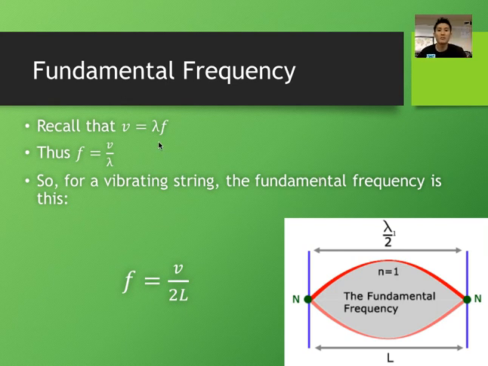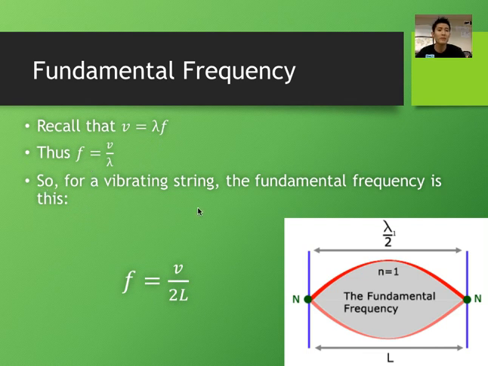So this beaker has a fundamental frequency that if I hit it, it makes that same note every time. And also recall that we have the wave equation. So we have the speed of the sound, or the speed of later on light, is equal to the wavelength times frequency. And so our frequency, we can flip it around and say that the speed of, let's say, this vibrating string or the air moving through the flute divided by the wavelength will give us the frequency.